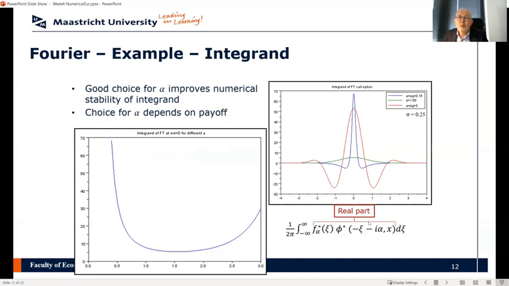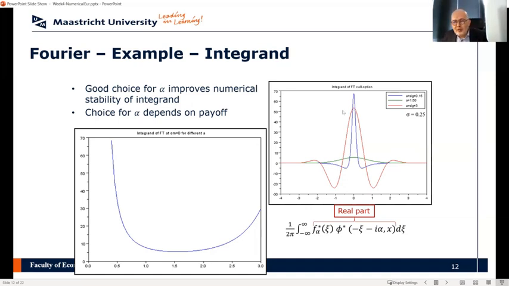And then what you see is that for different values of alpha, although the mathematical outcome of the integral should be exactly the same, if we choose, let's say, not an optimal value of alpha, you get this behavior that the function you are integrating over looks a little bit like a cosine function, which is kind of falling away, and you get this positive part, negative part, positive part, negative part. And this is what's causing a little bit of numerical trouble.